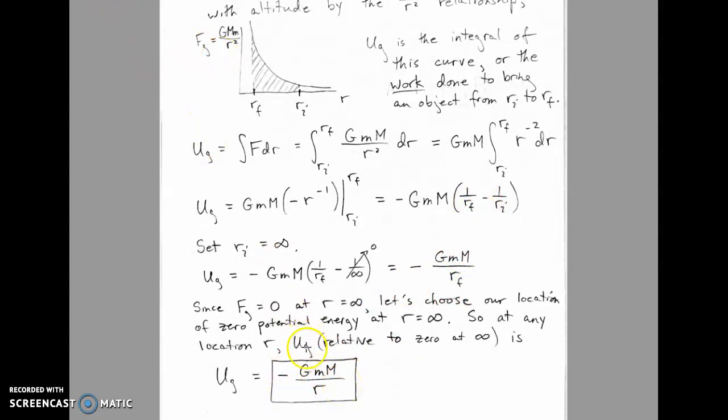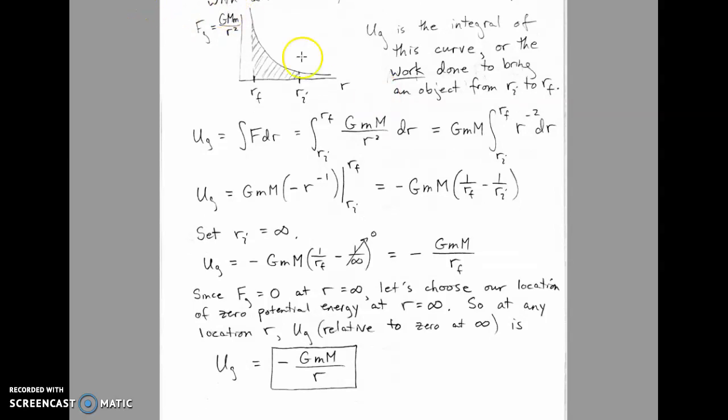One thing to notice about this equation is that it's negative. And what's going on here? If you think about pulling an object further and further away, say you have your Earth here and the object is getting pulled further away, that always takes more work. Even if it's a little more work, right? Tiny little area here. It's going to be more and more work until finally, when you get to that furthest point where r equals infinity, that's your maximum work done.